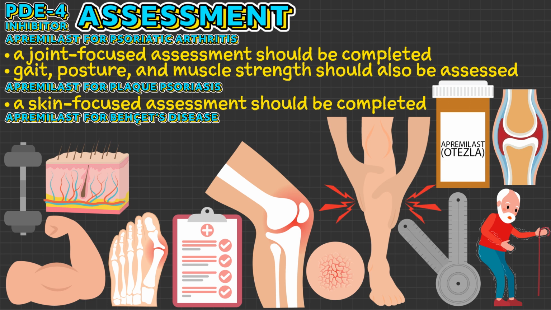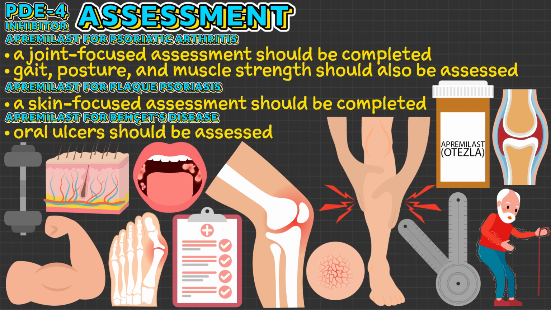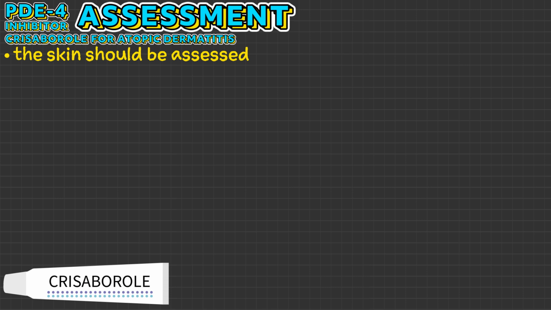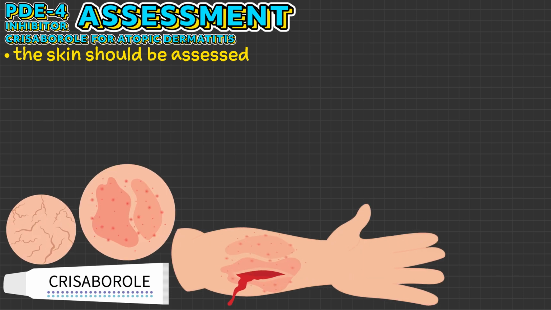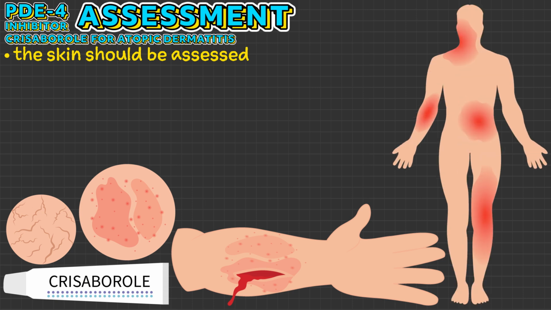If administered for Behçet's disease, oral ulcers should be assessed. And finally, when administering Crisaborole for atopic dermatitis, the skin should be assessed for the lesion's characteristics, such as whether they are dry, open, bleeding, the areas affected, and whether they are itchy or painful.